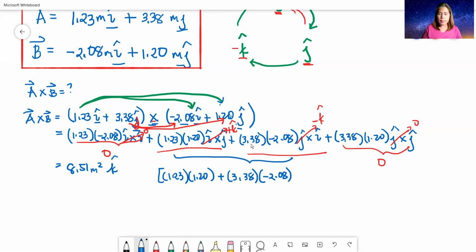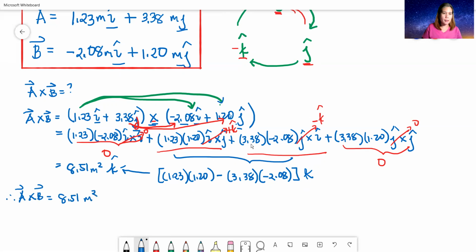Pero ang ginawa natin, para ma-factor out natin si K, yung negative dito na K, nilagay na lang natin din dito as negative. Okay? Para factoring out natin si positive K hat. Kaya siya naging 8.51.